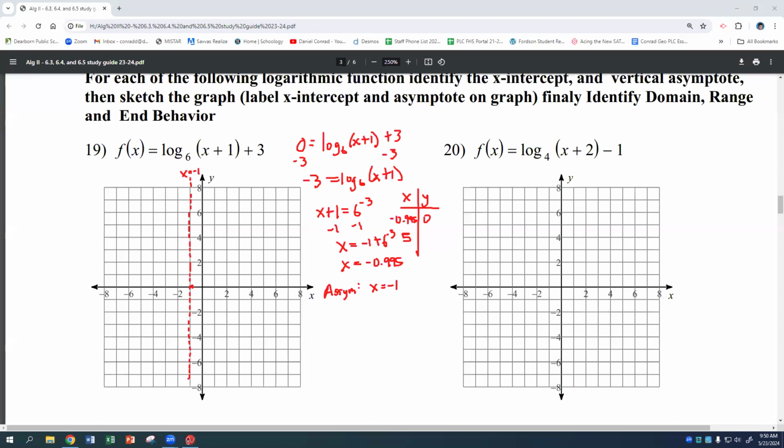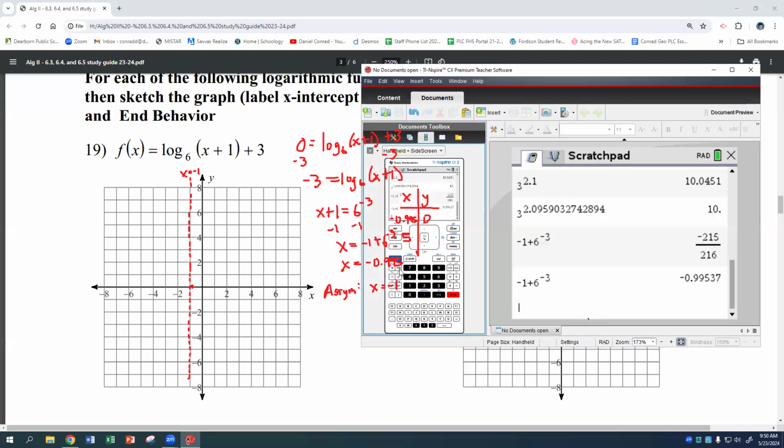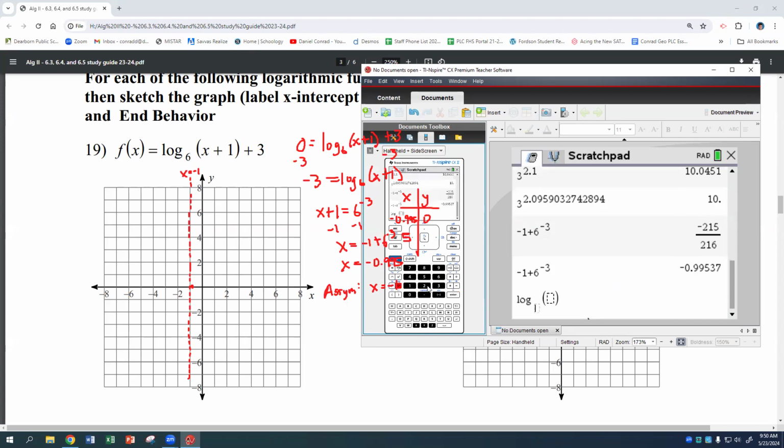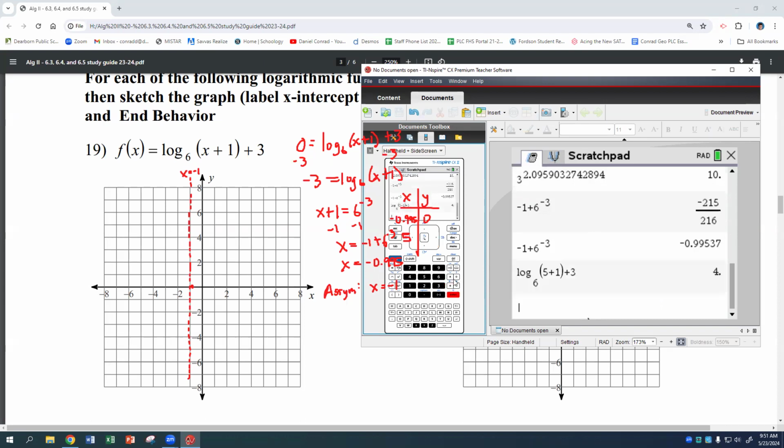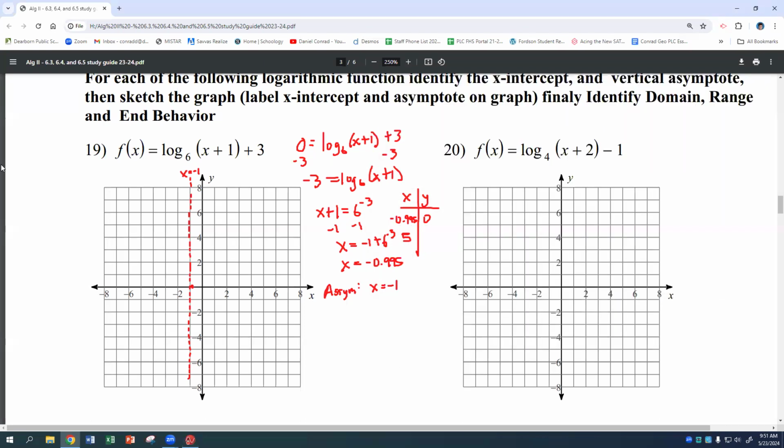So we have log base 6 of (5 plus 1) plus 3. That gives me 4. So my point here is going to be 5, 4. And that makes sense because our base is 6, so this should be increasing.